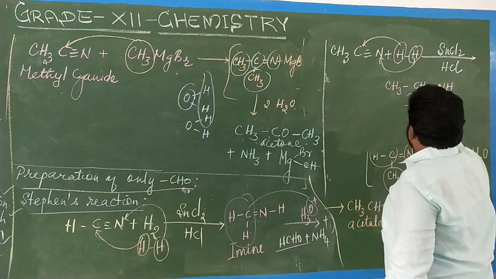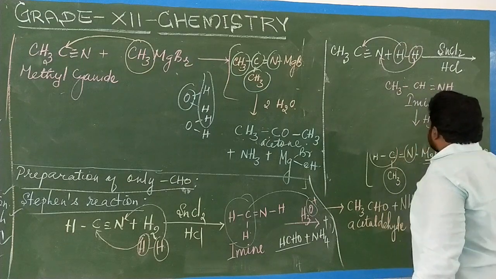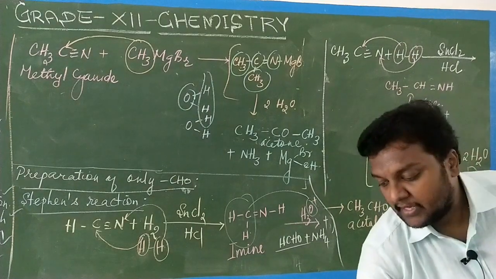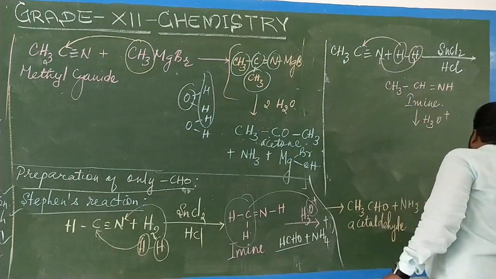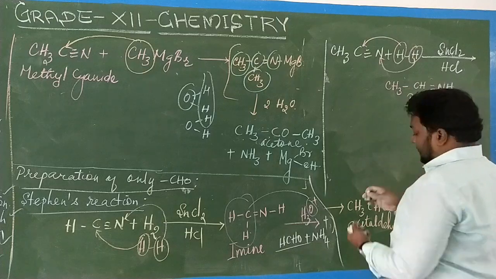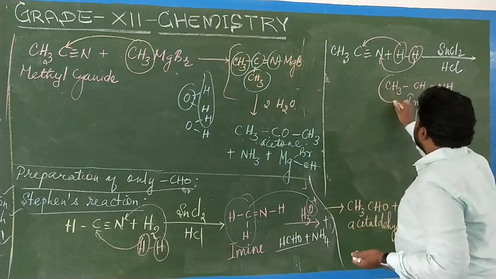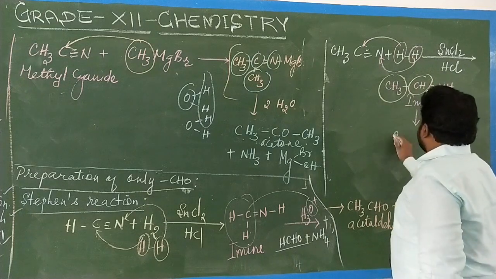Now take this imine and we have to treat it with H3O plus ions. So on treatment with H3O plus ions, what will happen? CH3 CH and then this O will combine here. So what will be the product?